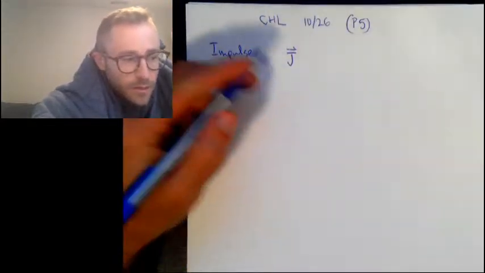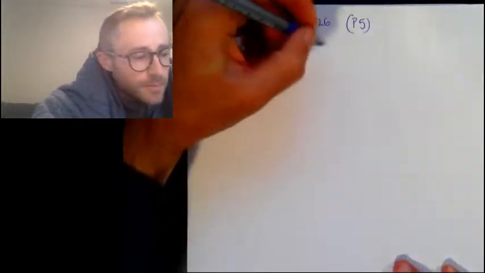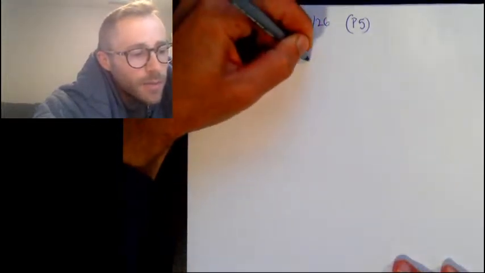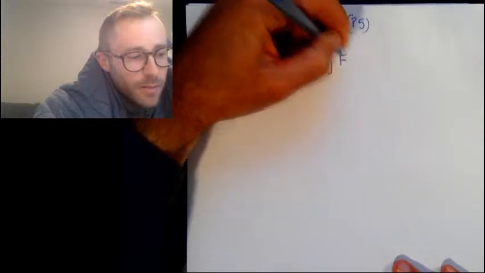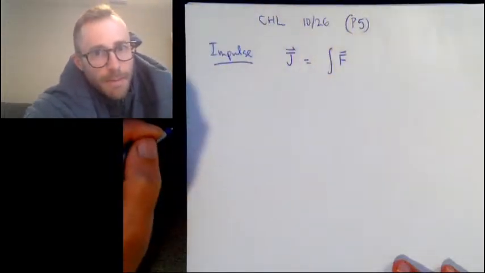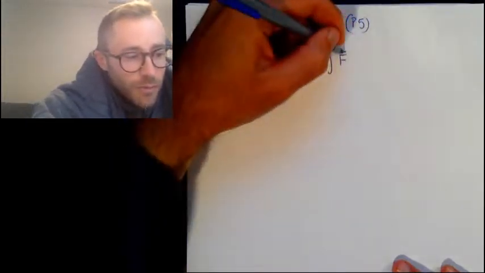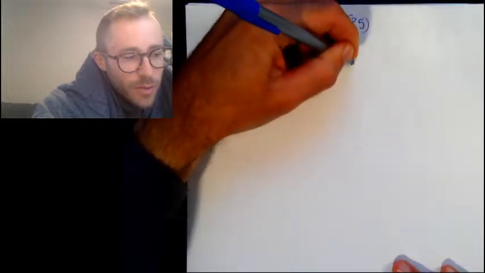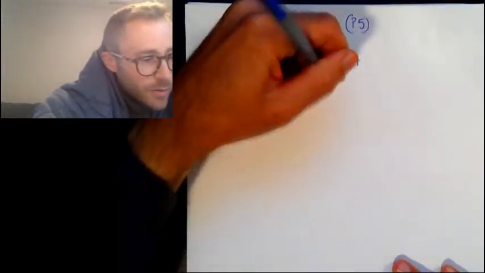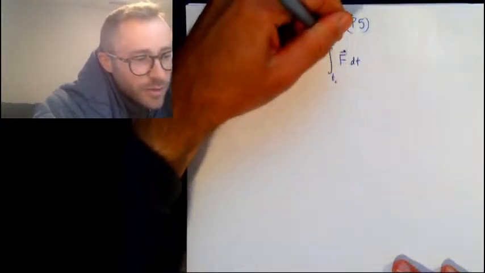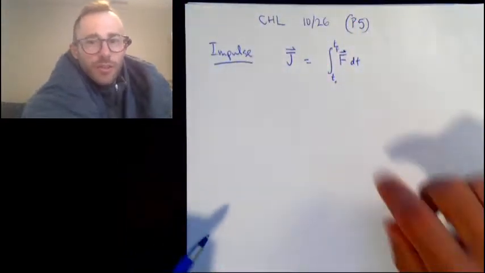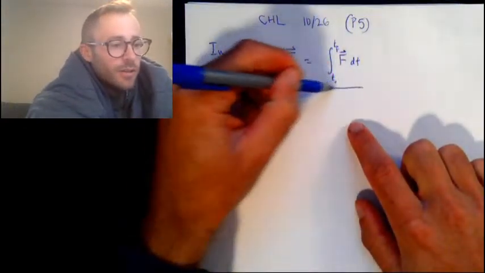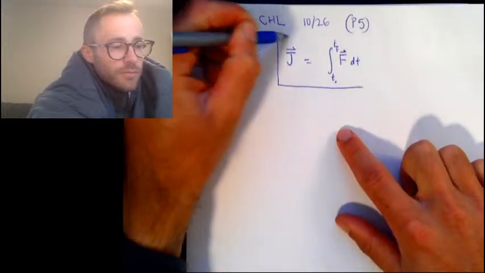J is equal to the integral of some force vector with respect to time from t initial to t final. So this is the definition of impulse.